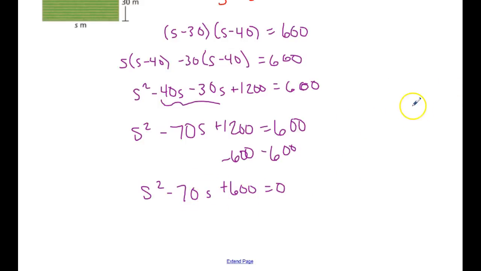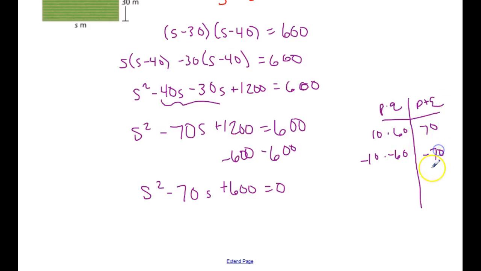So I know to get a positive 600 by using tens, I could have 10 times 60, or I could have a negative 10 times a negative 60. So when I add them together, I end up with 70 or a negative 70. And it did end up working because this is what I'm looking for right here in the middle term.